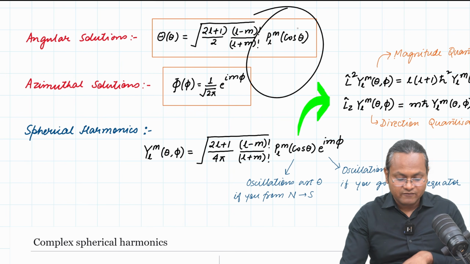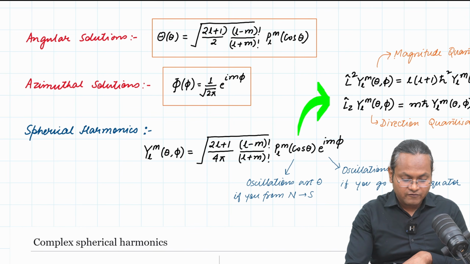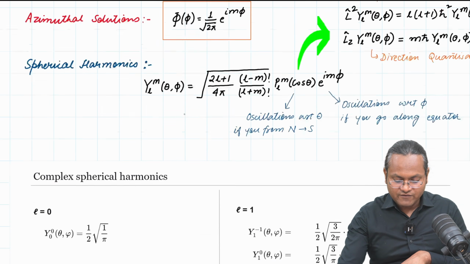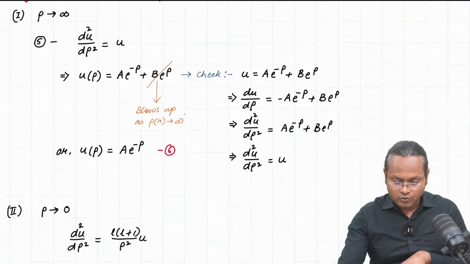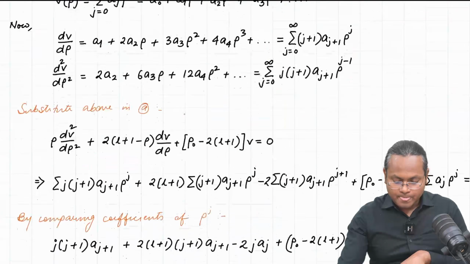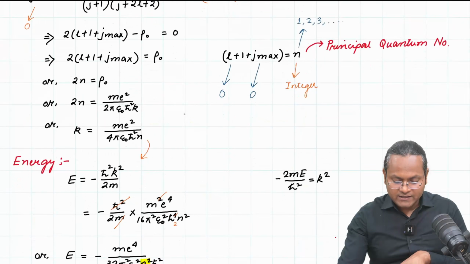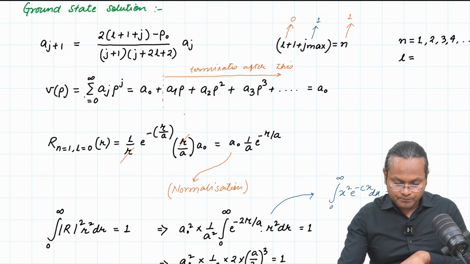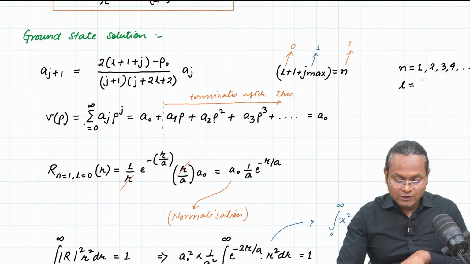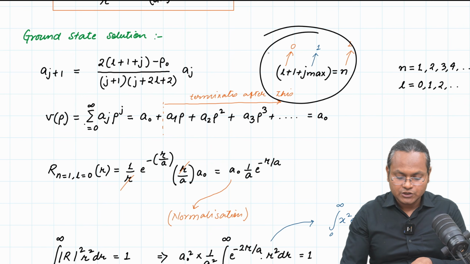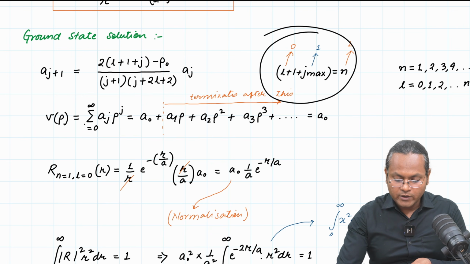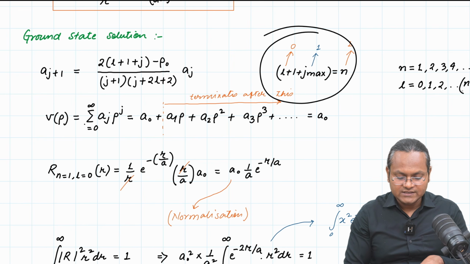So L can have 0 value. The smallest value for L is, of course, 0. And again, if we combine that information with the value of n, the L starts from 0, 1, 2, like that. But because of this particular expression, it can only go up to n minus 1. Yeah, L is equal to n minus 1.